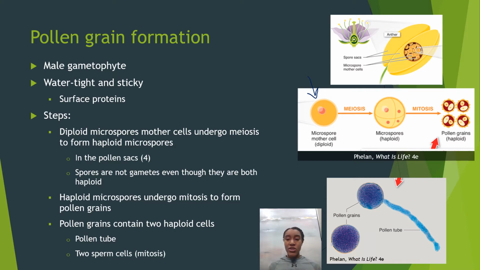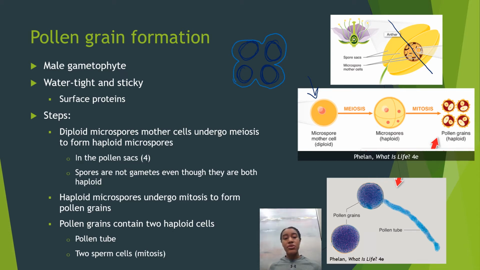So if you were to actually cut an anther this way, down this plane, and you looked at it head on, you would see 1, 2, 3, 4 holes or chambers, and it will look bumpy like this.